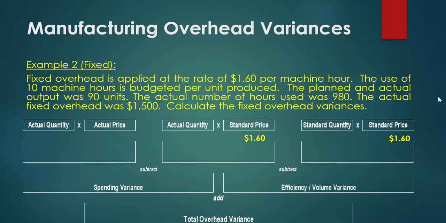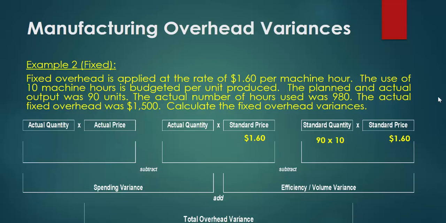That's going to be part of my standard quantity, but we need more information. And then it says the planned and actual output was 90 units. That's the other piece of information I need. My standard quantity would be the number of units that I produced times the estimated number of machine hours per unit. So 90 times 10.